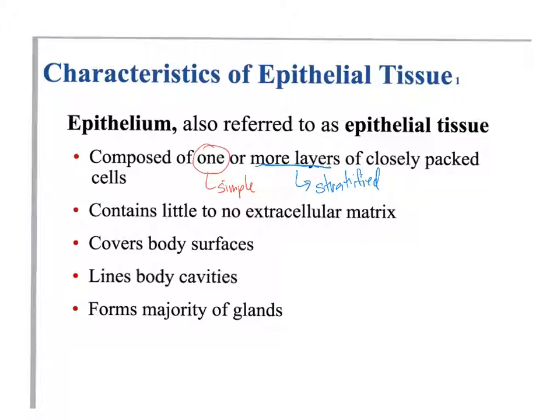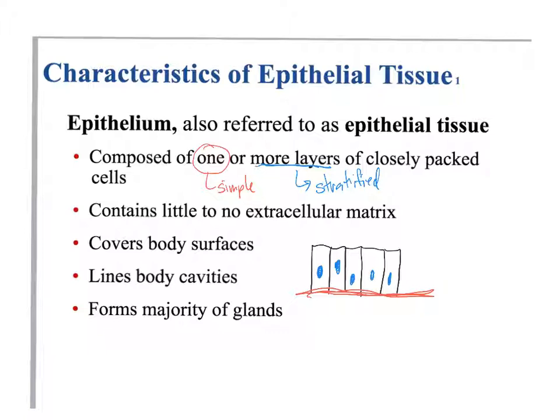So we draw it out. I have epithelial cells that are closely packed to one another, and they're attached. There's no space in between these cells. They're attached to this thing at the bottom, and you have nuclei that are present.